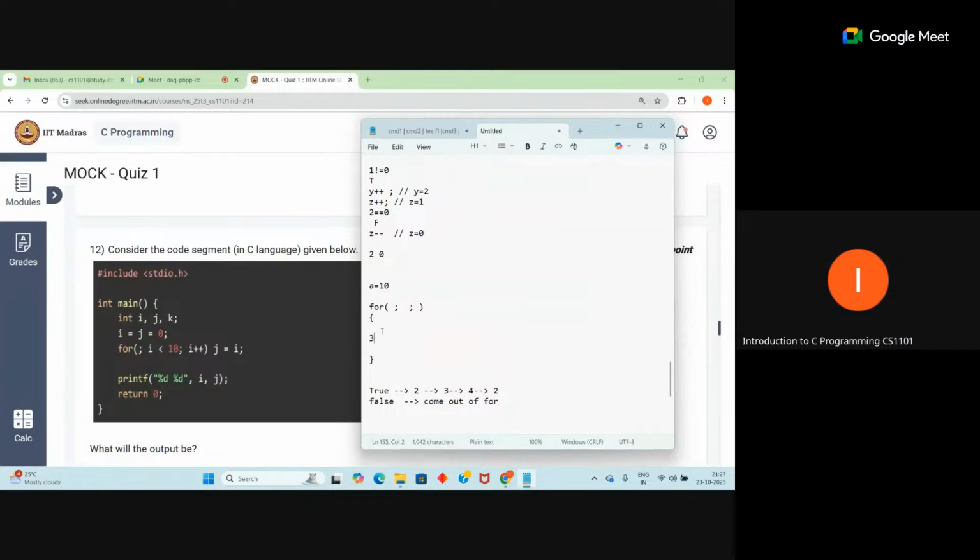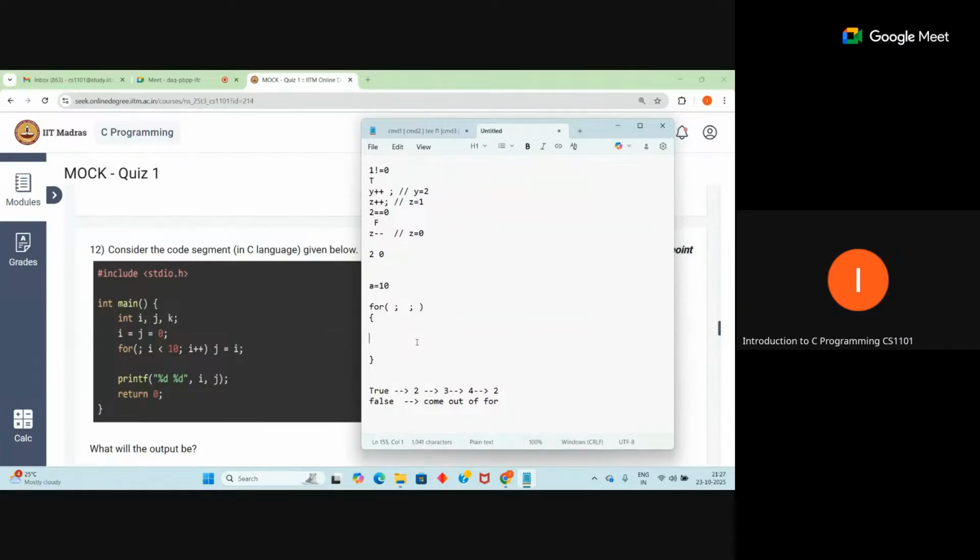So you can write it like this with the 2 semicolons inside the for loop. The meaning of this is that it will run infinitely. Whatever you have in the body of the loop will be run infinitely, whereas if inside the body you have a break statement, it may come out.